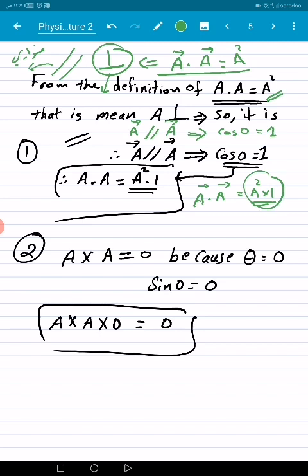That is the proof for the first. The second, the cross product equal to 0, so that means the sine is 0, so they are parallel to each other, and anything multiplied by 0 is equal to 0.